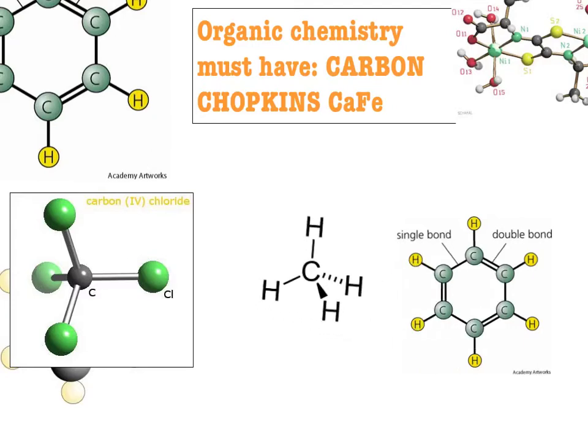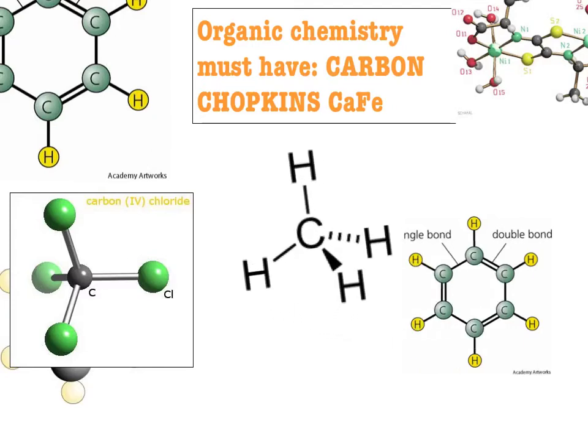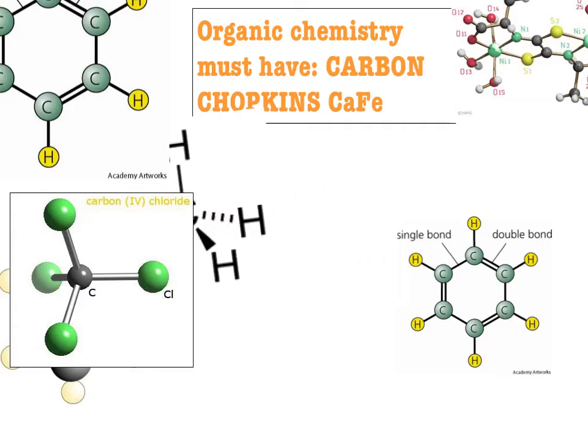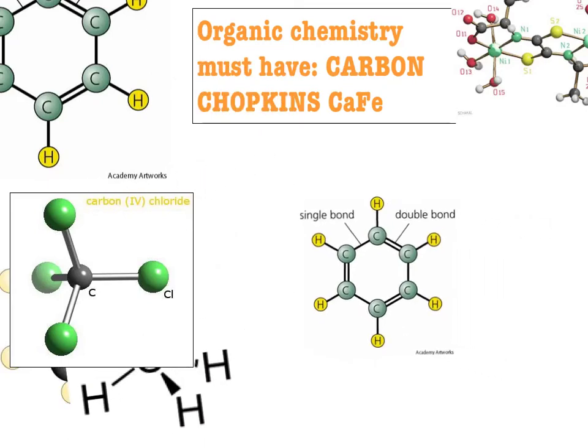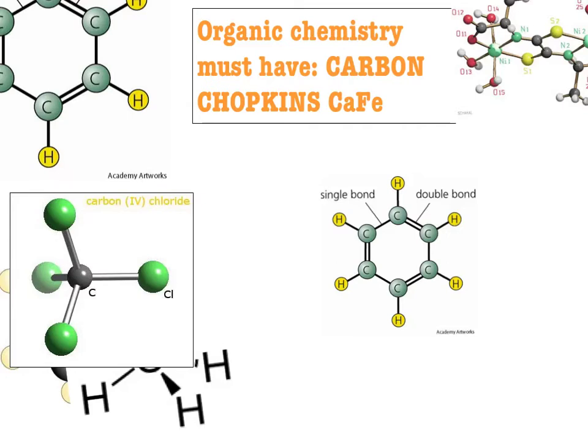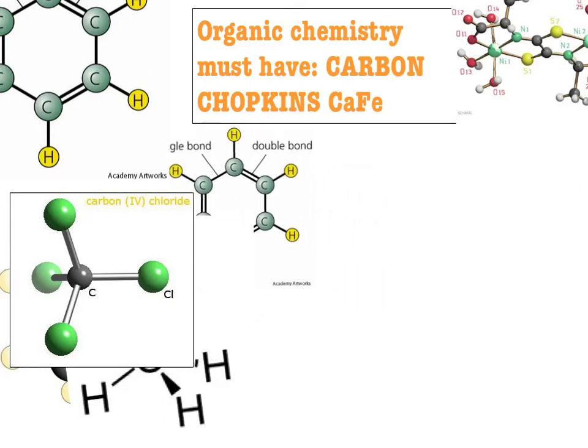Let's try the next one. In this example, we have a carbon right in the center. So yes, this would be organic. And lastly, we come across the last one, and it again has carbon down the center. So yes, it would be organic.